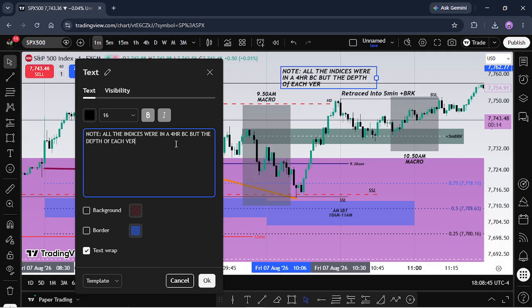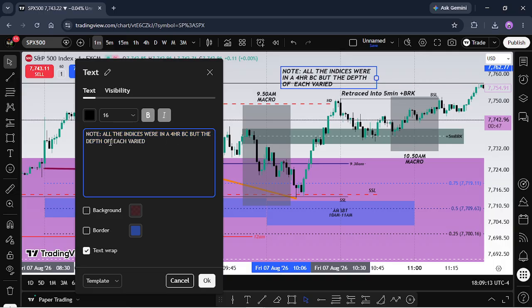I was about to write verified. I forgot how to spell varied, but I'll remember. Varied. Is that it? Oh, boom. Okay, note: all the indices were in a 4-hour BC, but the depth of each varied.